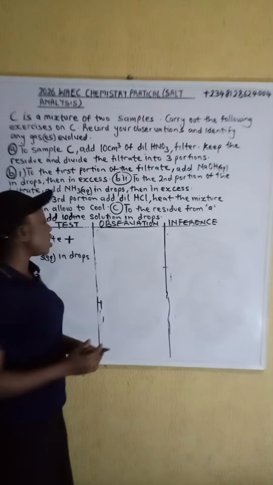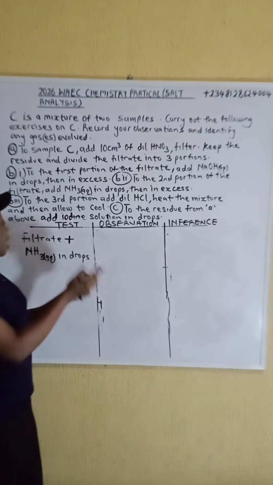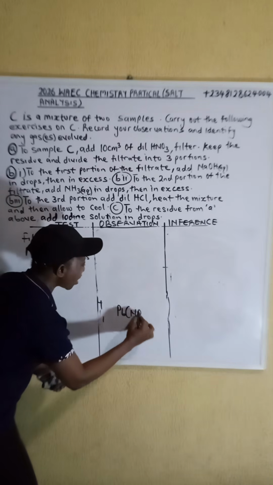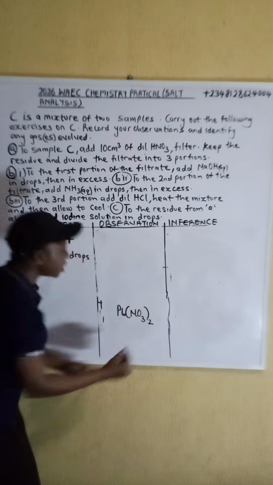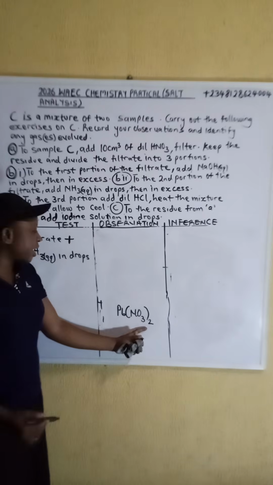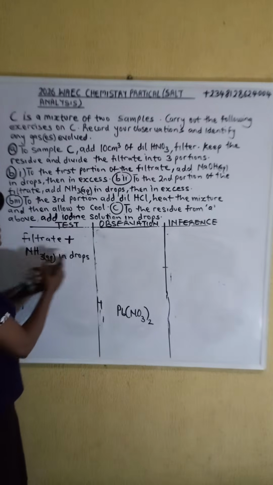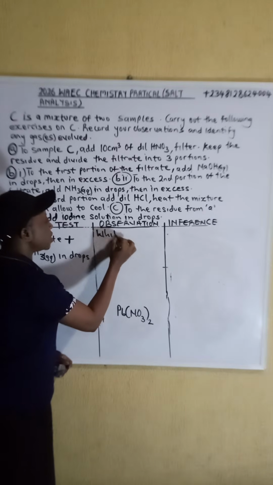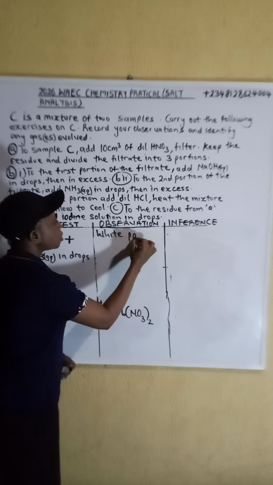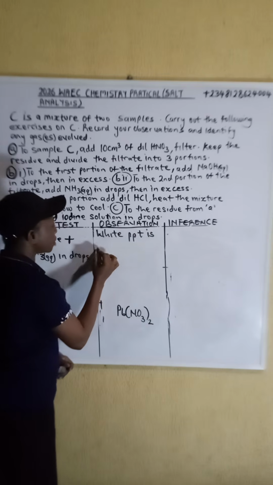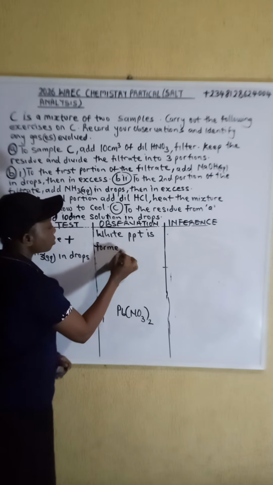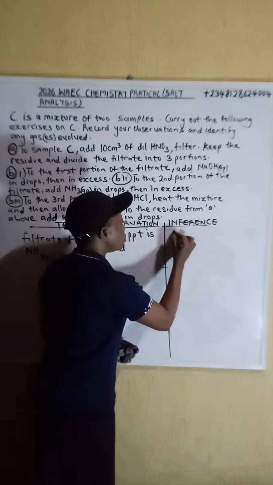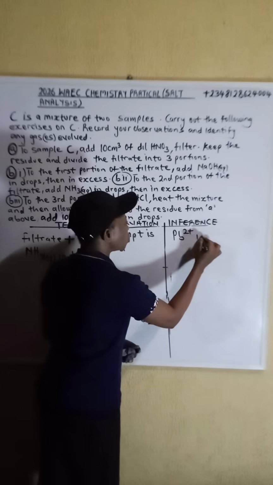On addition of aqueous ammonia to our lead nitrate, don't forget that our filtrate is lead nitrate, what we are going to have is white precipitate. White precipitate is formed. So inference will be what? Pb2+ is present.